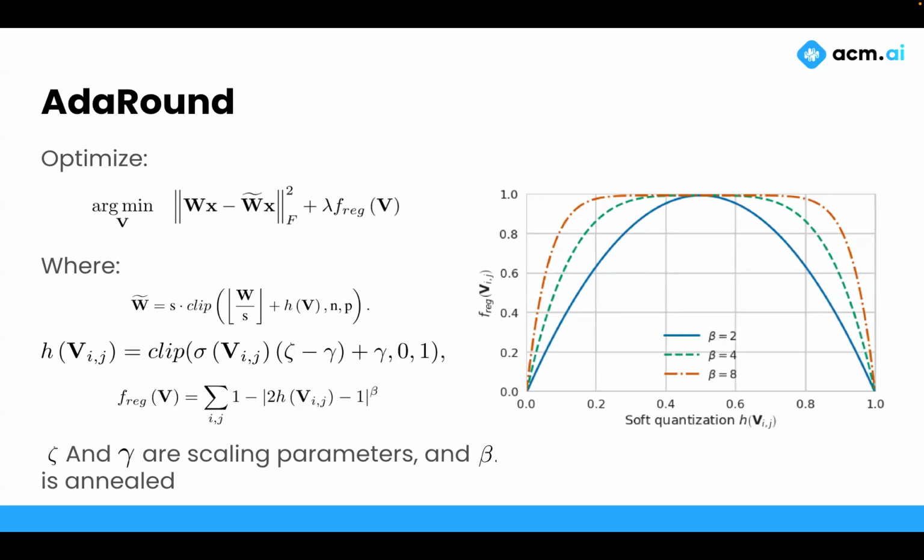And V transforms to something between 0 and 1, right? So that is basically whether we should round down or round up. Because if we round up, then this would be 1 because we're flooring it. And if we round down, then it should be 0.